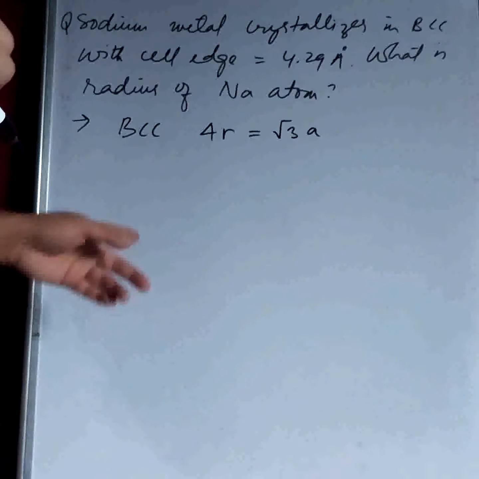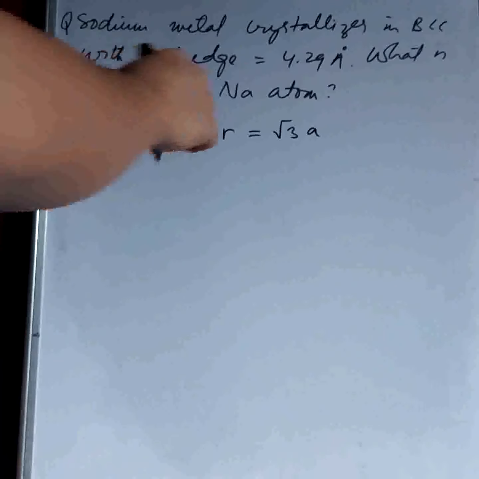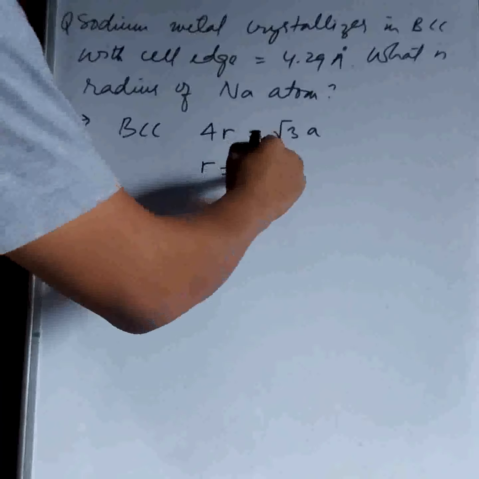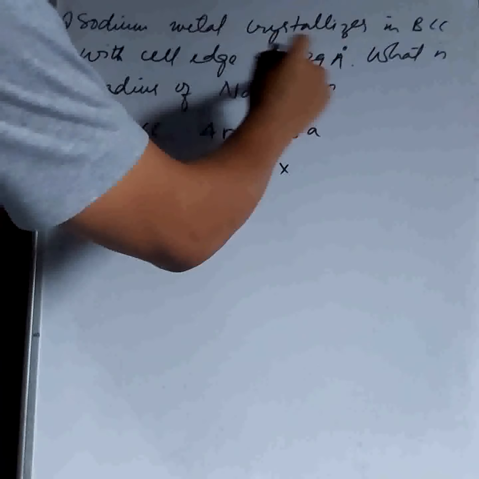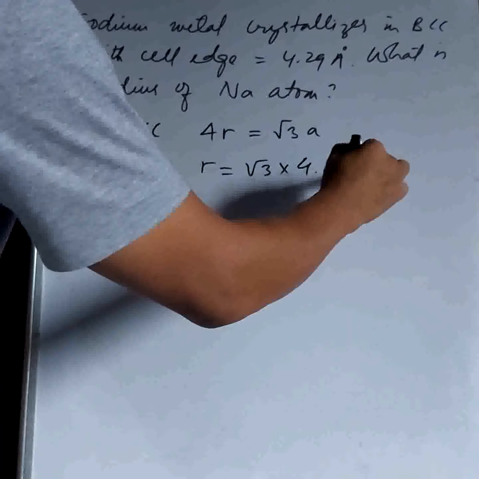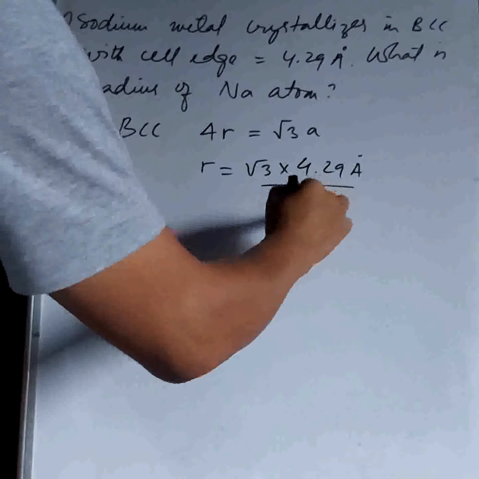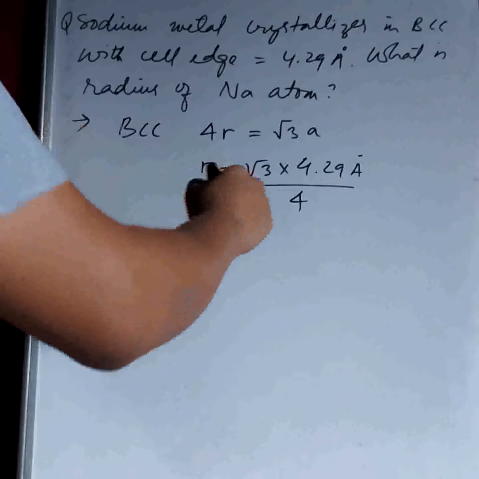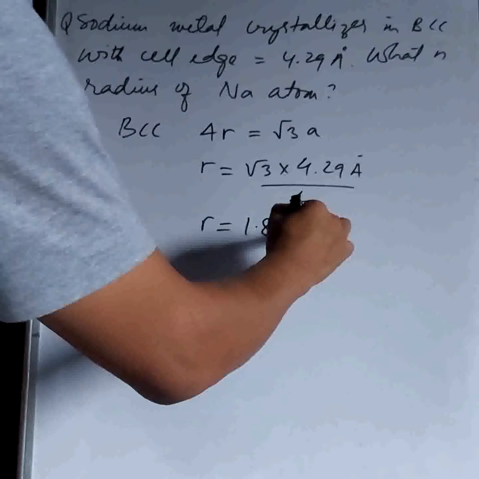So plug in those values. Root 3 into a, with a given as 4.29 angstrom, over 4. So the radius of the sodium atom comes to around 1.86 angstrom.